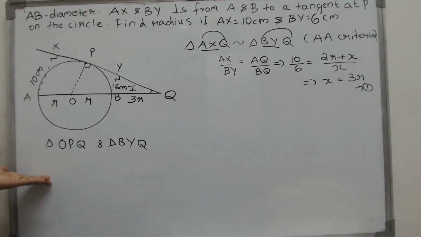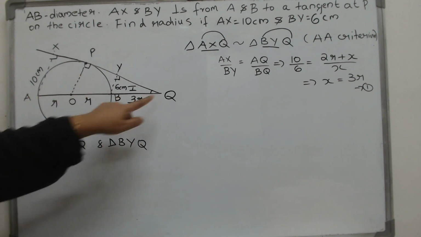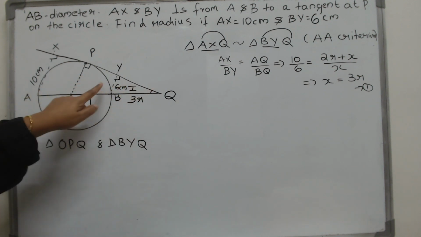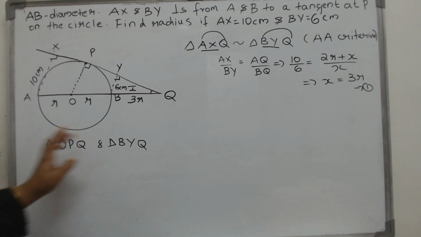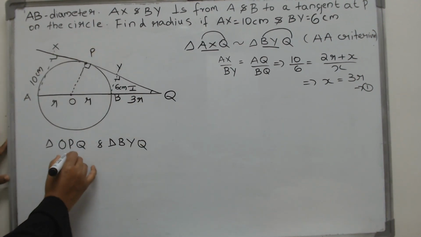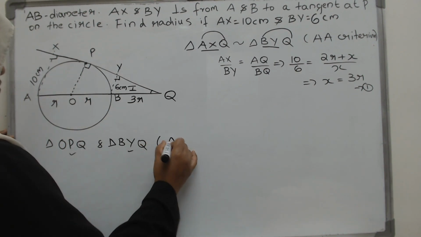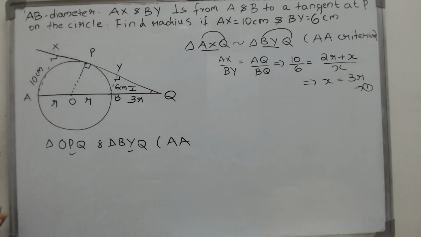What is the first thing that comes to your mind? The common angle Q. Both this triangle and this triangle have a common angle Q. What else? P and Y are equal to one another because both of them are 90 degrees, which means what? The third pair of angles will obviously be equal to one another. That means by AA criterion, these two triangles are similar to one another.